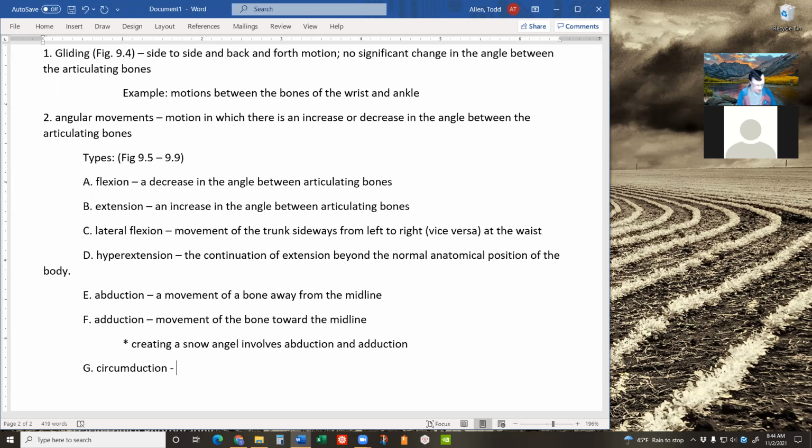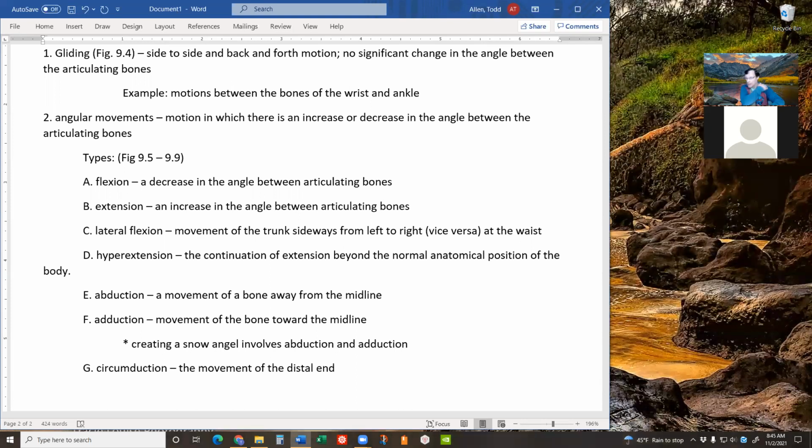The movement of the distal end, and that's why I said look at my fist, not my arm. The movement of the distal end of a body part, like your arm, in a circle. You can see that in figure 9.7.